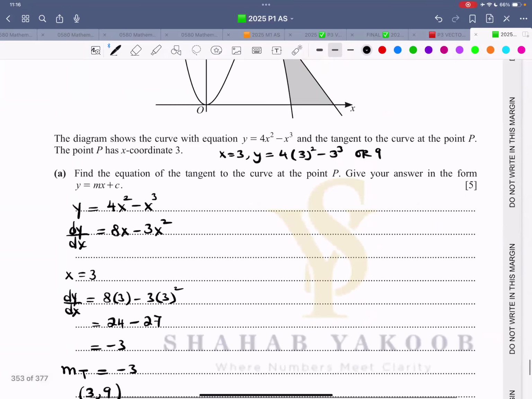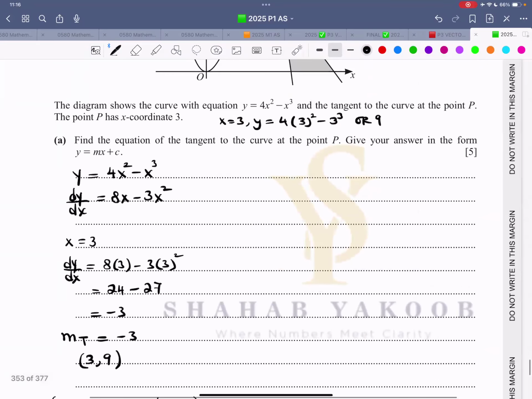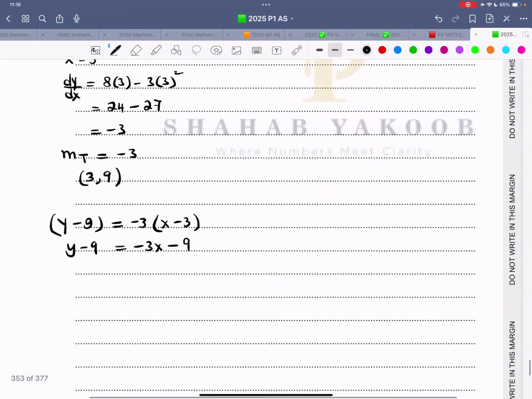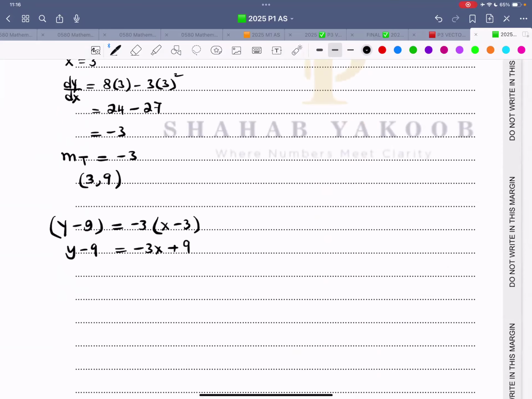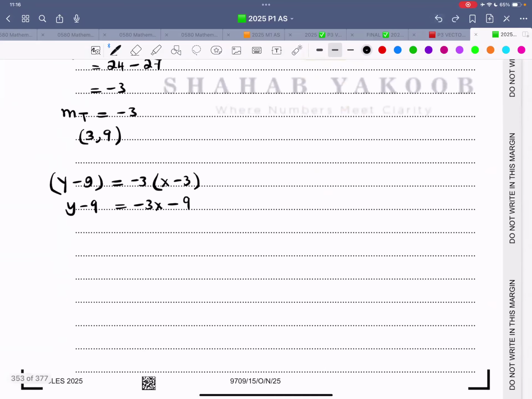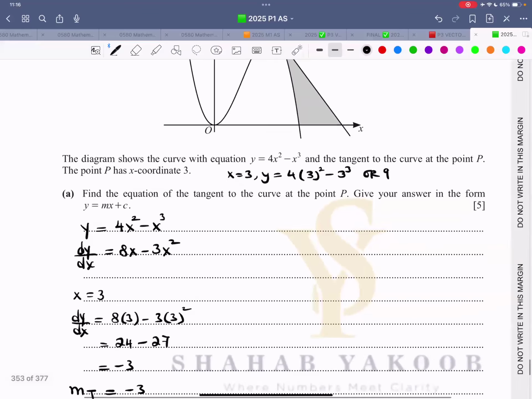The gradient of tangent. So 24 minus 27 is this thing, and y is 9. So therefore, this becomes plus 9. Yes, that could have been a major blunder. So y is equals to minus 3x plus 18, and that's the equation. So that's of the form this thing.